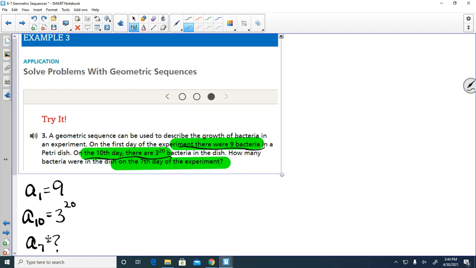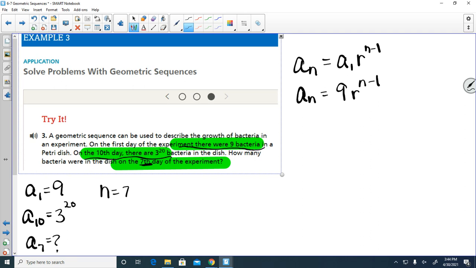So I'm going to jot down what I know. I know the formula for the geometric sequence is A sub n equals A1 times R raised to the n minus 1. And I'm going to substitute in what I know. I know A1 is 9. Now I know that I want to find something on the 7th day, so I know that n is going to be 7.